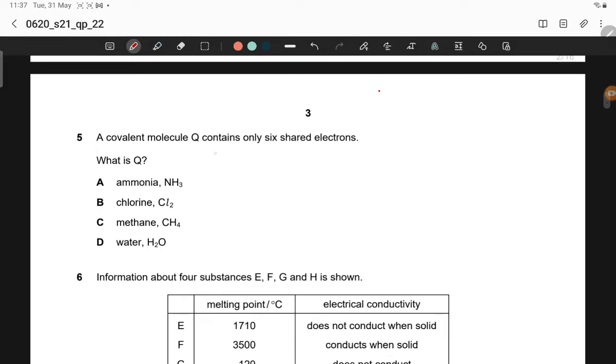A covalent compound Q contains only 6 shared electrons. What is Q? This might be correct because the shared electrons are 6. Chlorine has 2 shared electrons.